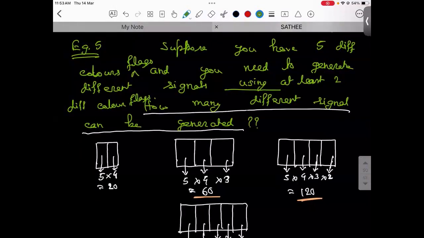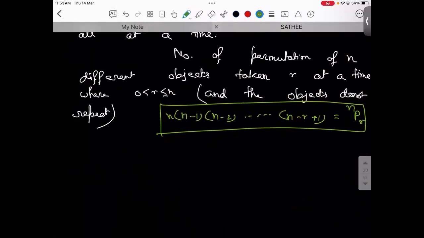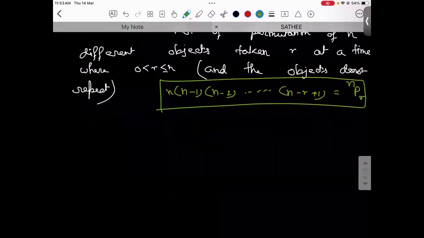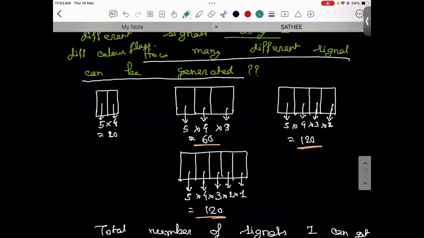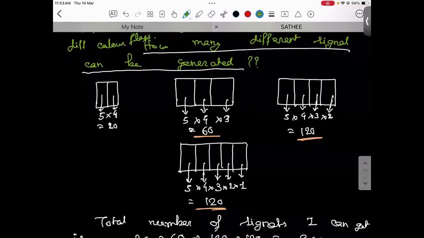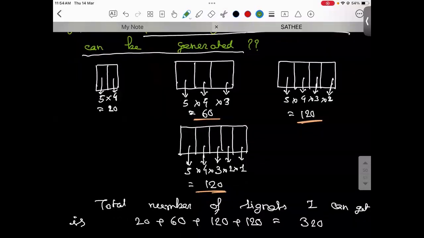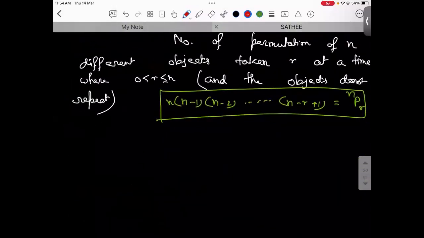So here I have 5 different flags, and we are taking 2 at a time. The definition says R at a time, and here I was using 2 at a time. So putting n equals to 5 and R equals to 2, what will I get? 5 will be there because n.